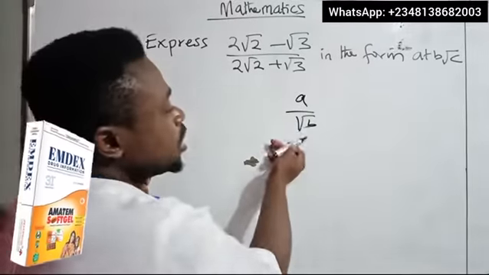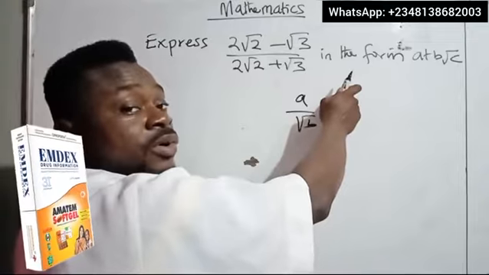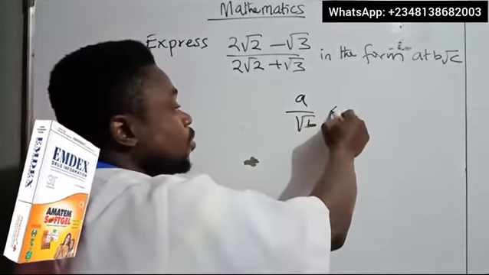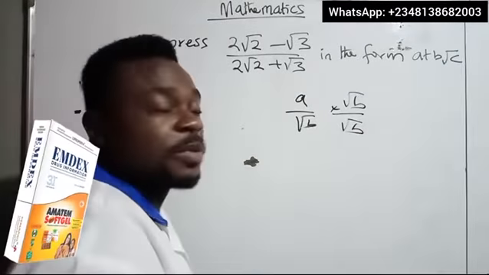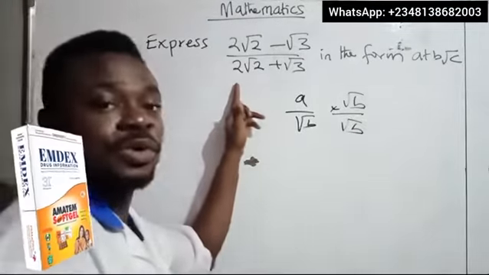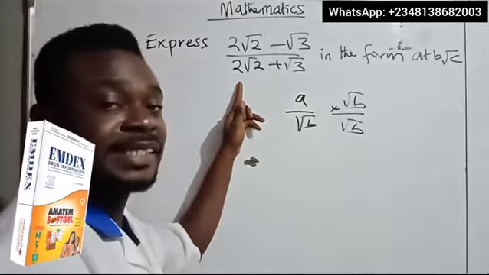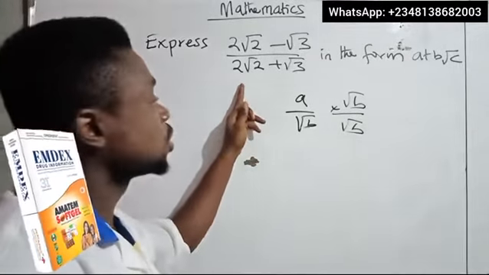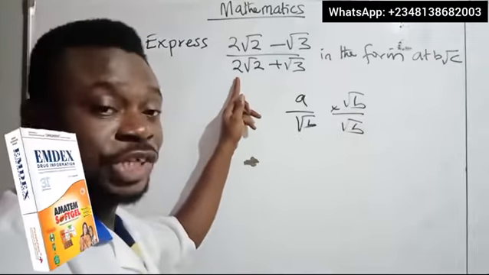This one, you just use the denominator, root b, to multiply the numerator and the denominator. But in this case, this is a binomial surd. So for us to rationalize this, we need to use the conjugate surd of the denominator.